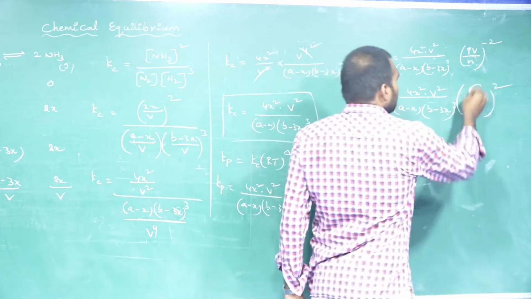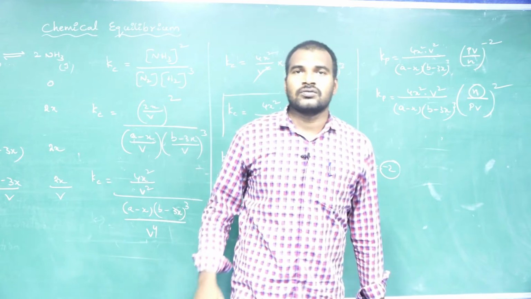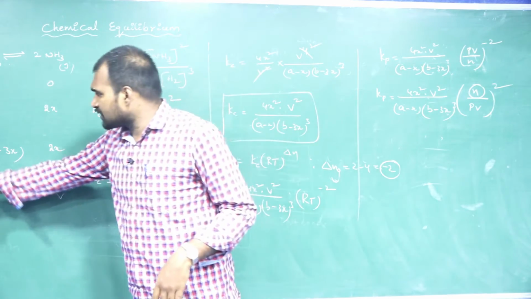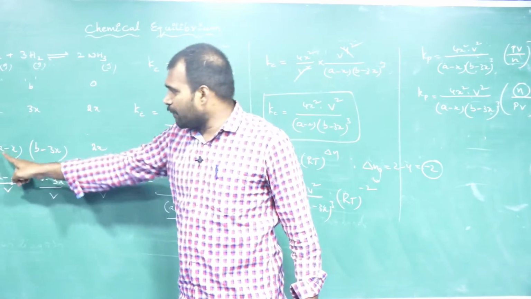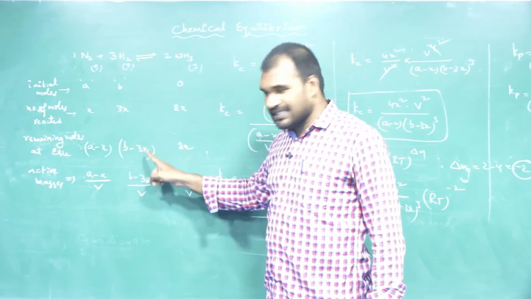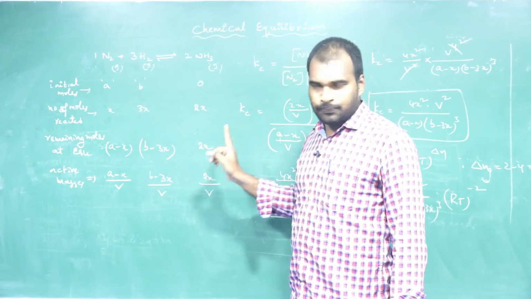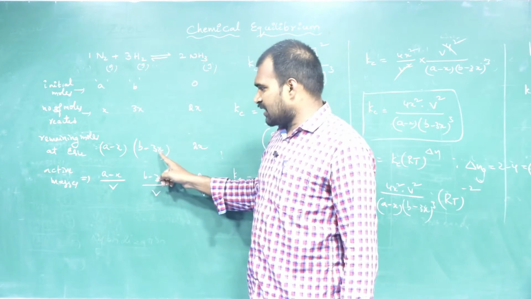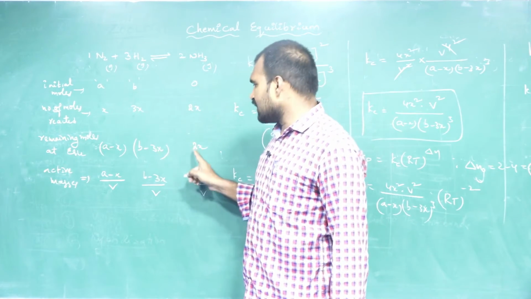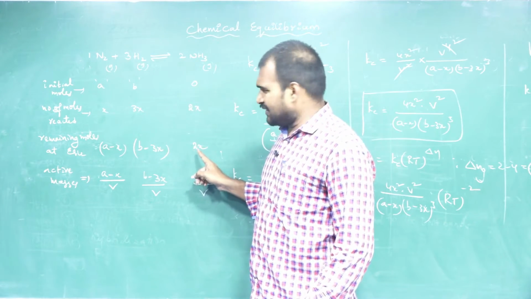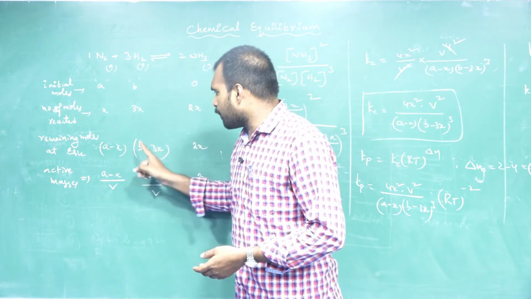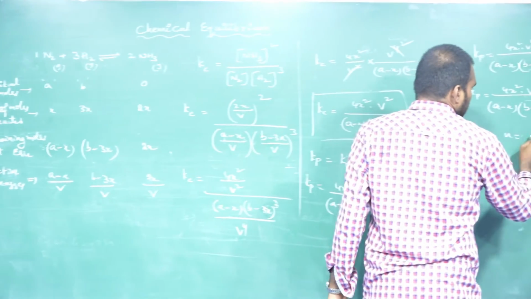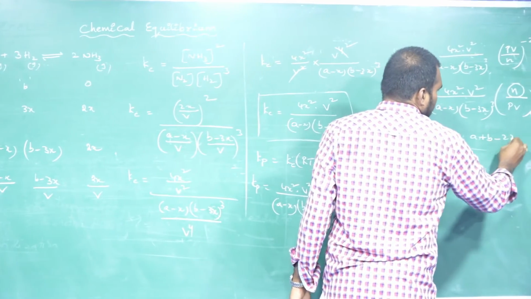Now what is N here? Total number of moles of gases at equilibrium. What is the total number of moles at equilibrium? That is A minus x plus B minus 3x plus 2x. If you add these all, minus x minus 3x, total minus 4x, but plus 2x is there, so the value will be A plus B minus 2x. So N is equal to A plus B minus 2x.